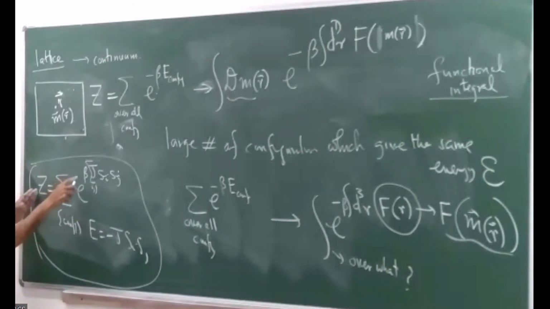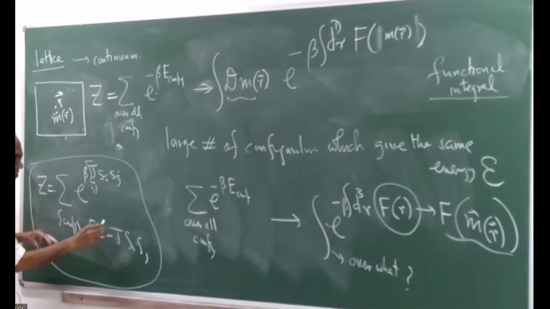The energy over here is this quantity, the local interaction between two spins, summed over all the spins, and that gives you the energy. You put that energy up over here and sum over all configurations.